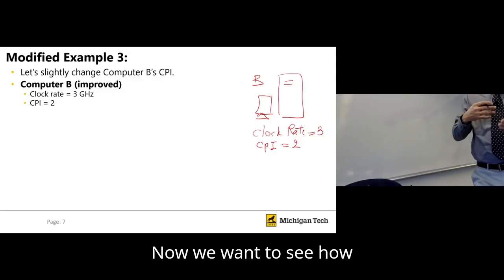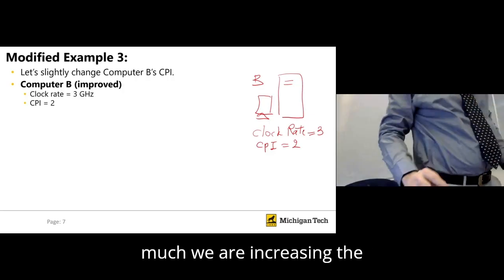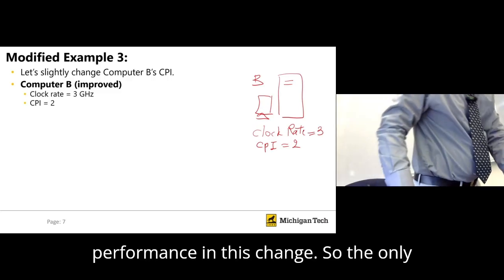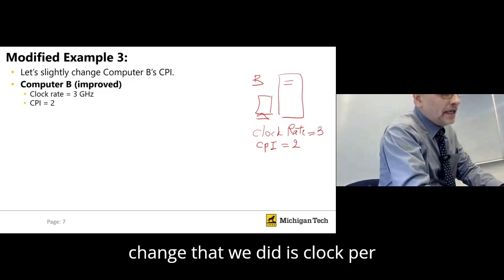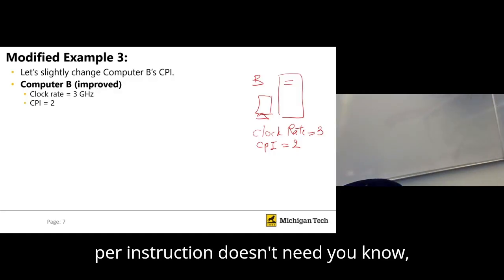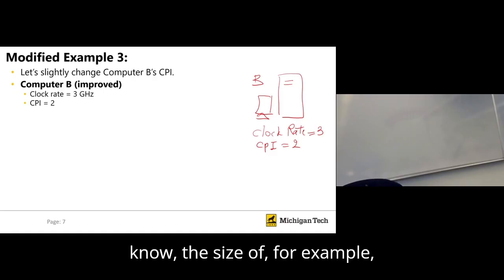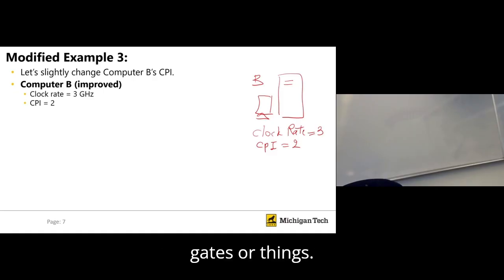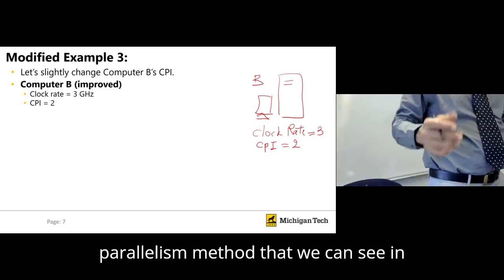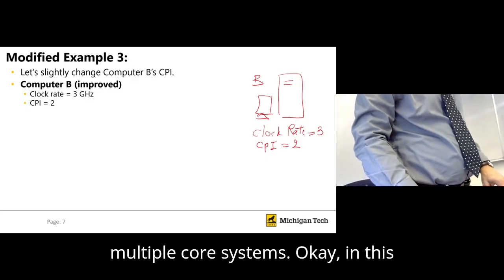Now we want to see how to find the speedup, how much we are increasing the performance with this change. The only change that we did is clock per instruction. As I mentioned, changing clock per instruction doesn't need new technology. You are not changing the size of, for example, gates. You can just use parallelism methods that we will see in this class, like pipelining or multiple core systems.